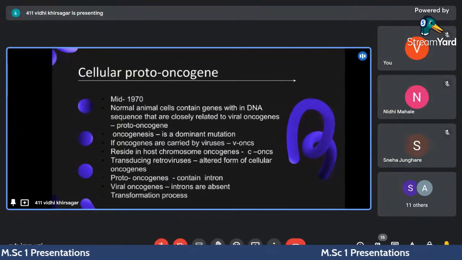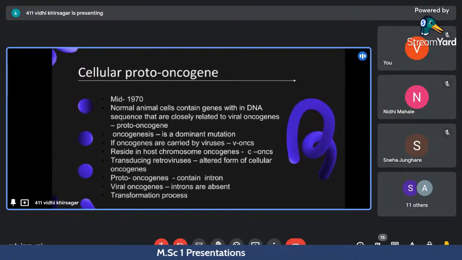Now, what are these cellular proto-oncogenes? Cellular proto-oncogenes were discovered in the middle of the 1970s. The discovery led to the conclusion that these genes are present in normal animal cell DNA sequences. These are closely related to the viral oncogenes. Now, what is oncogenesis?